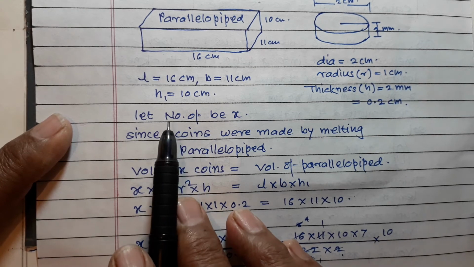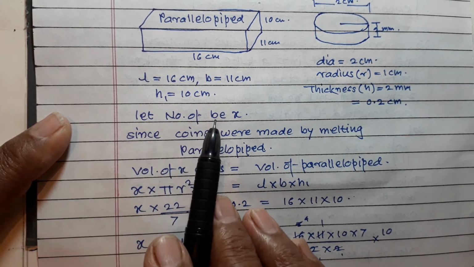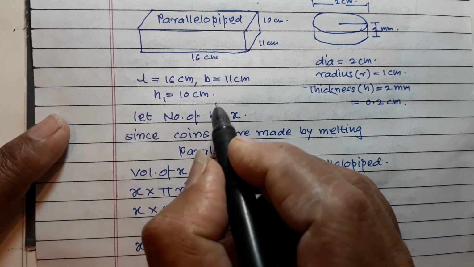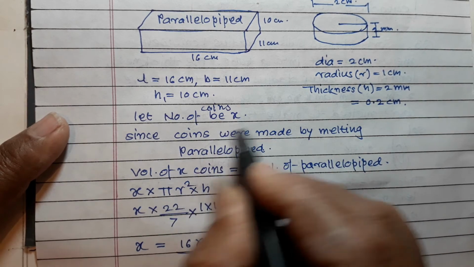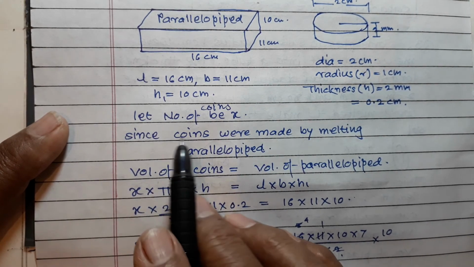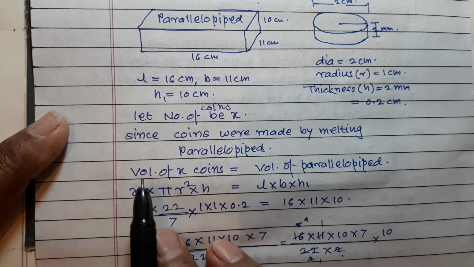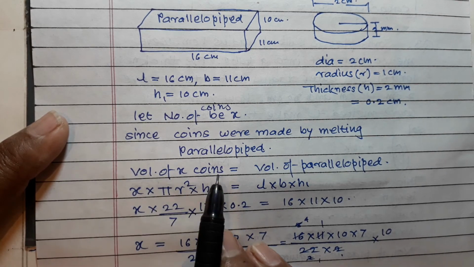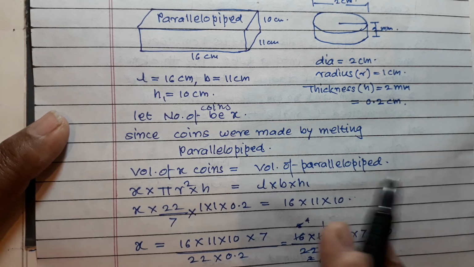Now let number of coins be x. Since coins were made by melting parallelepiped, volume of x coins is equal to volume of parallelepiped.